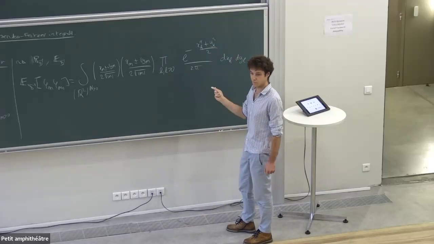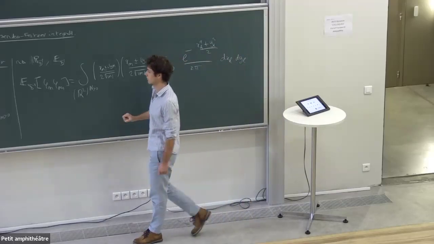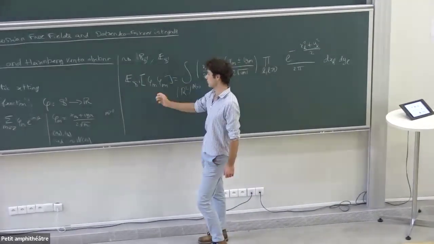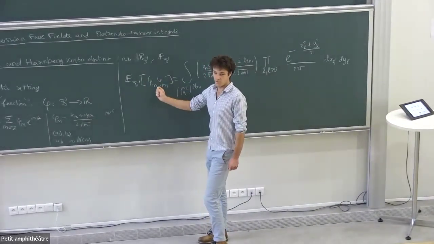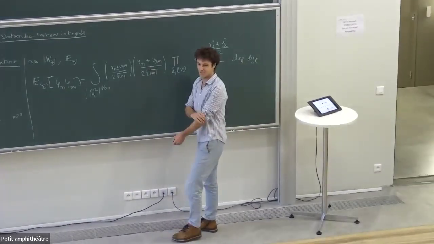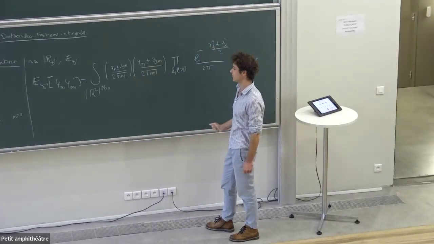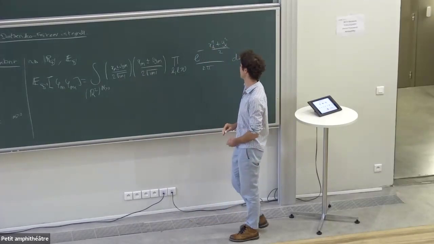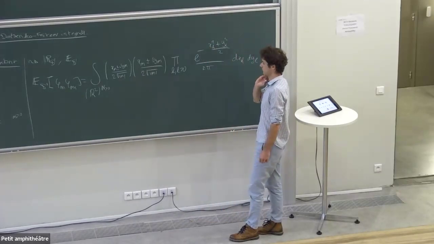This is really the definition of my probability measure. If I want to define the expectation of any functional of this phi n phi m, I will just replace this expression by the function that I want to consider. You can take this as a definition if you wish.